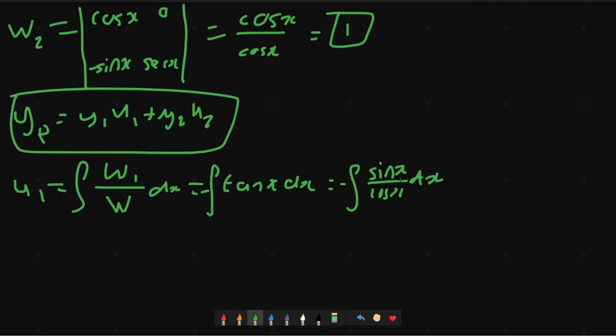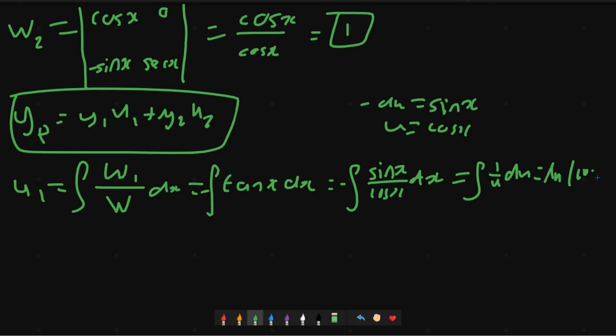Now we can do a u sub here. If we say u equals cosine x, du equals minus sine x dx, bring the minus out here. So now we're going to replace sine x dx with minus du. The minuses will cancel and it will give us 1 over u du, which is the natural log of u, which is the natural log of cosine x. Very nice. So that's our u1.